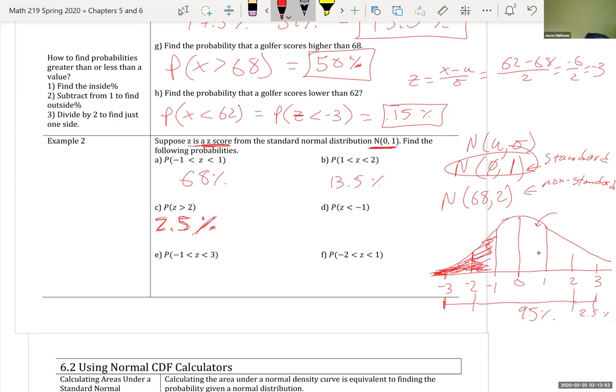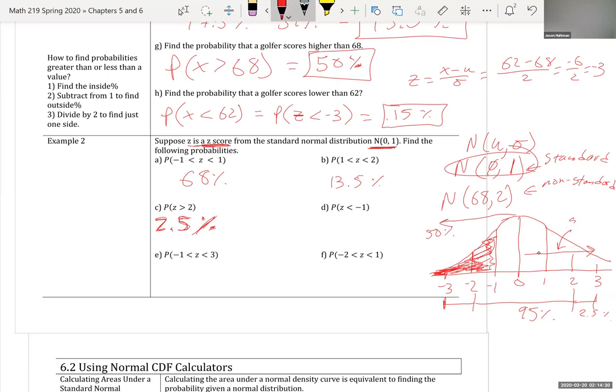So we've got to think of what's not here. What's not here is everything above 0. Everything above 0 is 50%, so I know that 50% is gone. What's below 0? Below 0 is 50%, right?